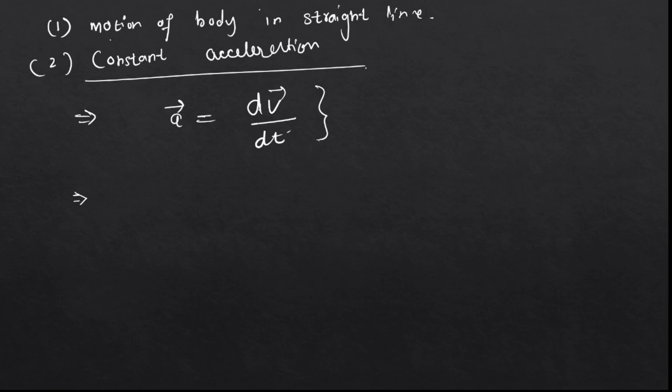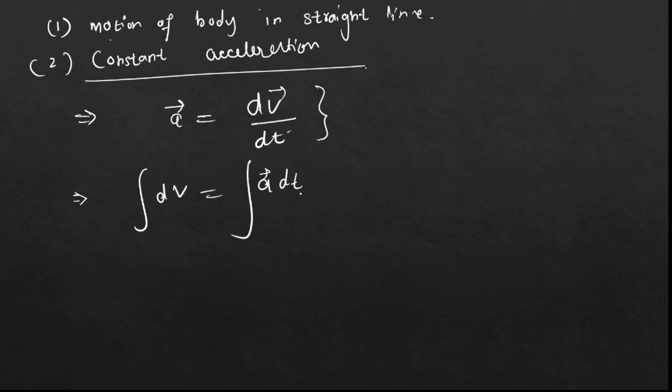So from here, velocity would be what? a dt. Now I'm going to integrate this. Integration will cancel out the differentiation. Or if I have to use the limits, then what can I do?